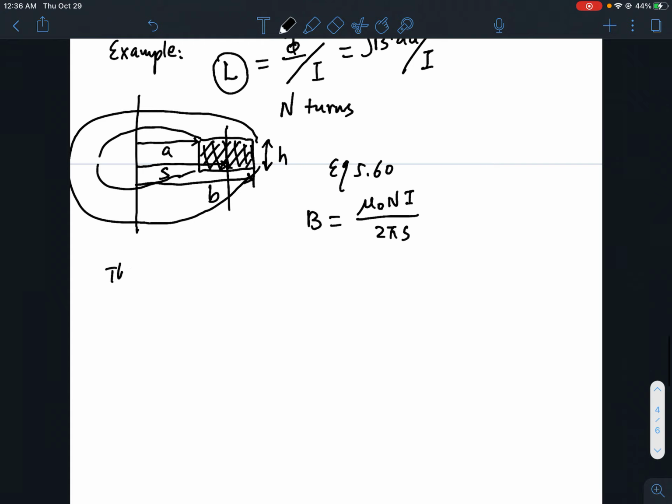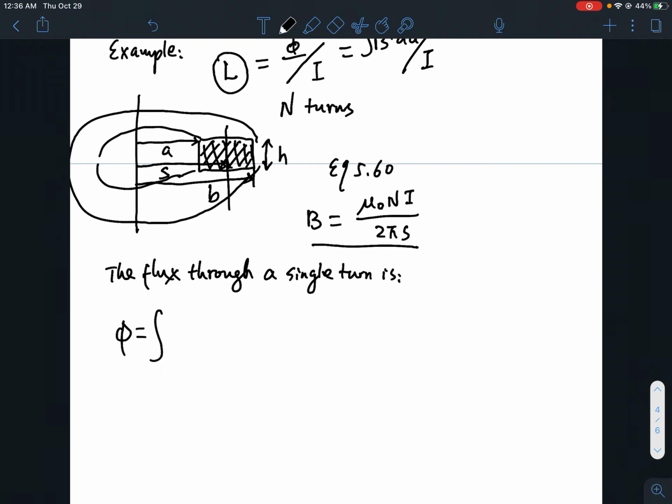Now we can calculate the flux through a single turn. We have the B value, so we just do the integral. This is B times dA. The B value is mu 0 n i over 2 pi s, and for dA, let us assume a small distance ds here, and the height is h.